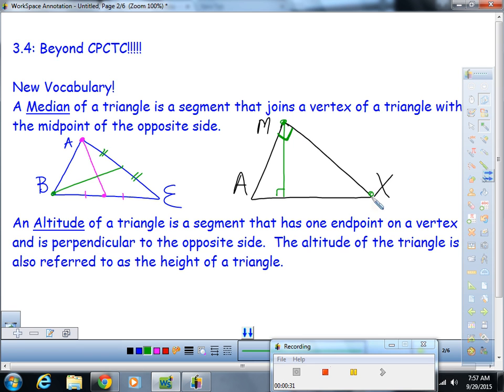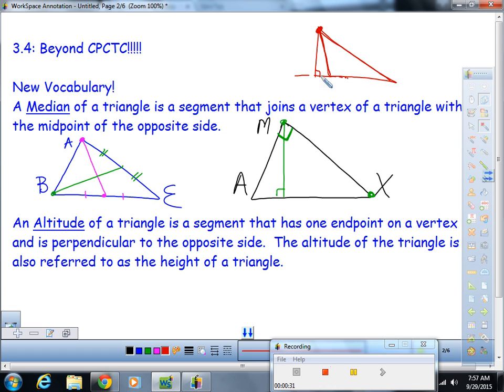In this example, MX is both the side of the triangle and an altitude. And you might even remember, because you're so darn smart, that an altitude does not have to be inside of the triangle. If I wanted to draw the line that's perpendicular from that point to the opposite side, I would have to draw it outside the triangle, and that would be the altitude.